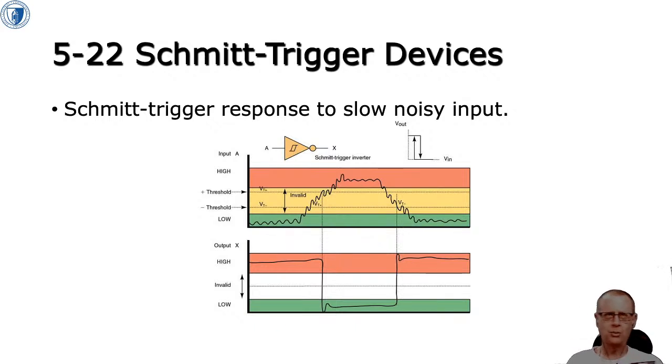Okay, so that's one thing I thought we should talk about. Sometimes you see these devices with the hysteresis loop in there, and this is what it's doing. It's usually a good thing for noise immunity.